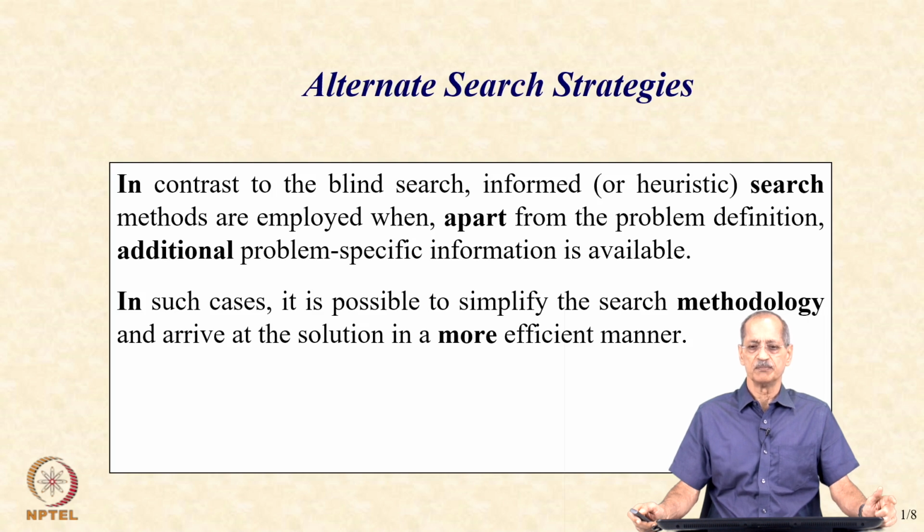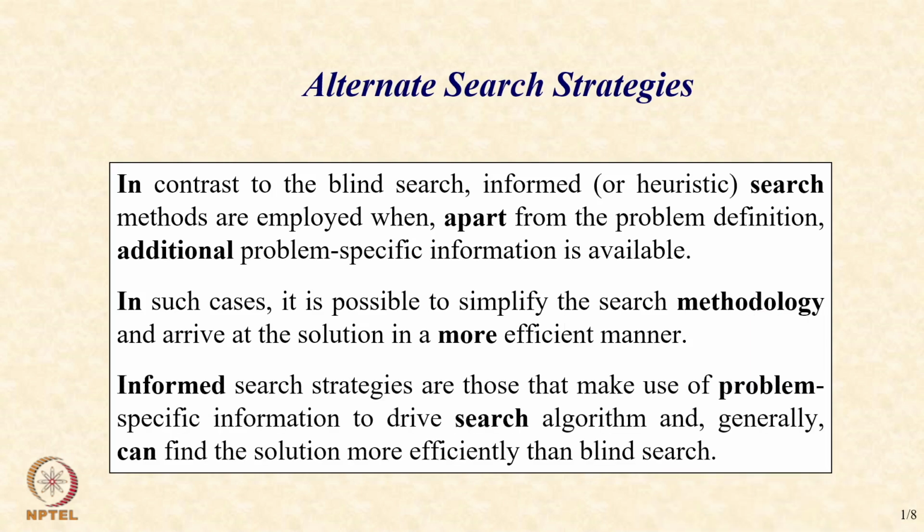Like I mentioned in the previous segment, in case you know that you lost something in a particular specific location, it is problem specific information that you are making use of in order to simplify your search in a more efficient manner. Informed search strategies or heuristic search strategies are essentially these kind of strategies that use problem specific information to drive the search algorithm and can generally find solutions more efficiently.